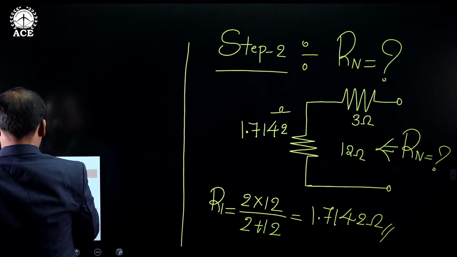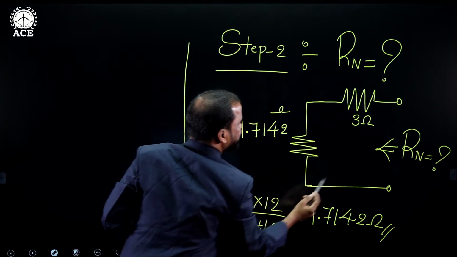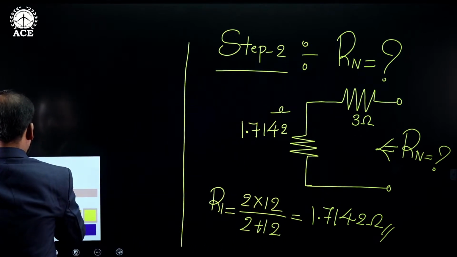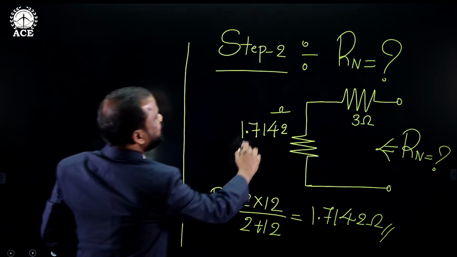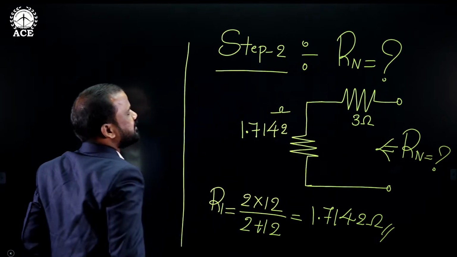Now we need to erase this one also because we already replaced that. These two resistances are connected in series.